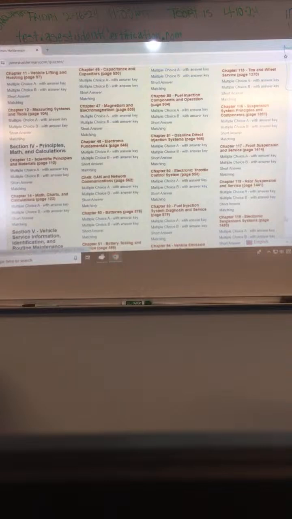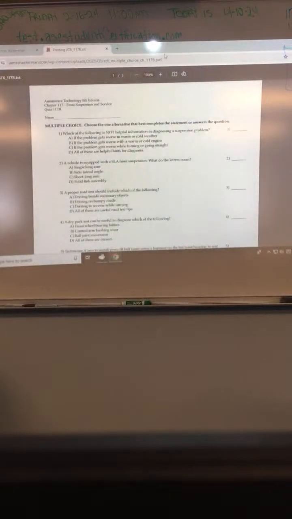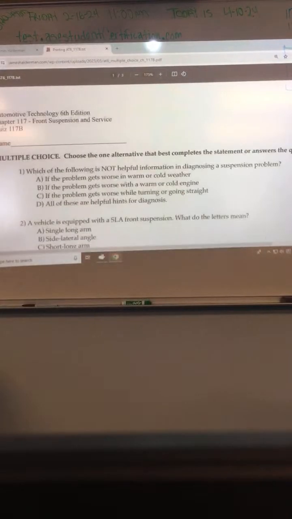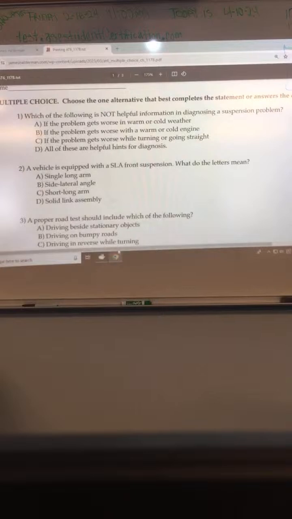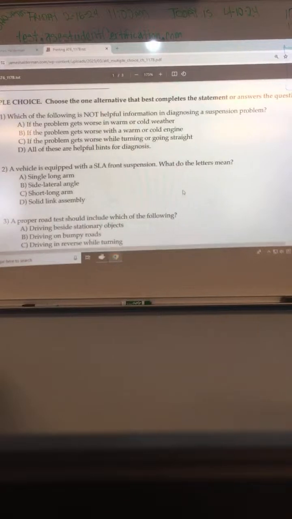All right, where we at? 11 is B. I'm doing dandy. Which of the following is not helpful information in diagnosing a suspension problem?